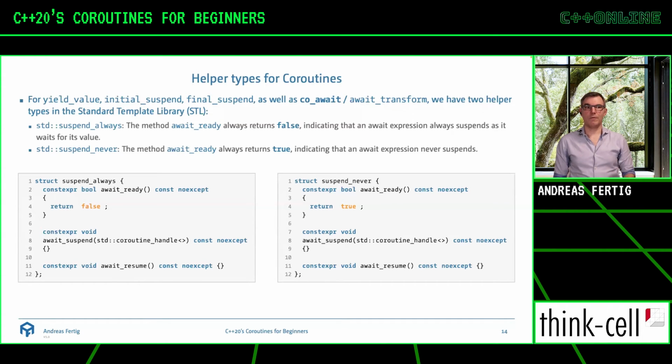The two other functions, await suspend and await resume, are simply empty. We can customize these types, implement them ourselves. These are yet another customization point that the compiler looks for in the type. Okay, so it doesn't matter that it must be derived from suspend always or suspend never. You can have a totally unrelated type as long as the member functions are there, spelled like here on the slide.